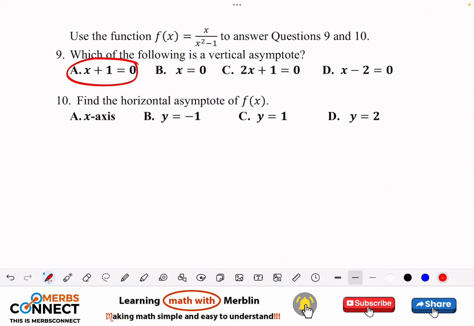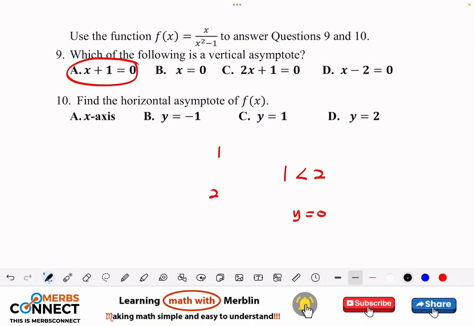So the degree of the top is 1, the degree of the bottom is 2. So we can see that the degree of the top is less than the degree of the bottom. So it means that here the horizontal asymptote is y is equal to 0, right? Because when I find the limit as x is approaching infinity, this one is going to give us 0.